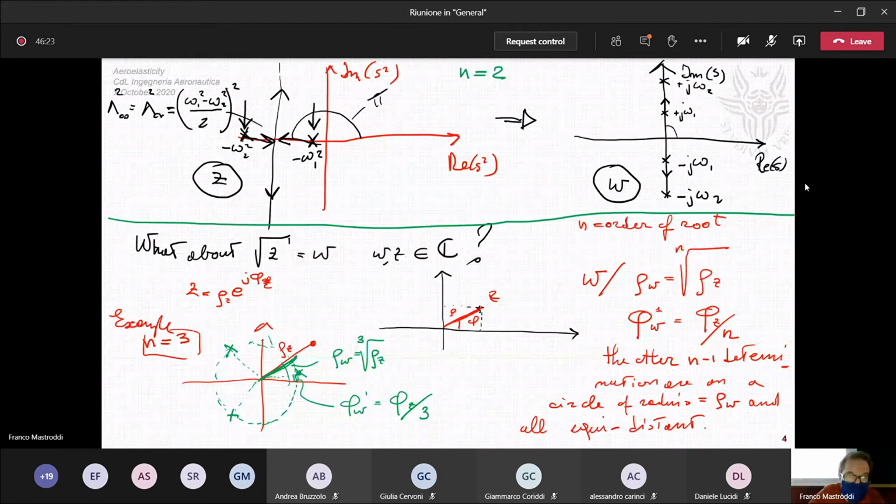But the other root, the omega 2, is giving this with a value less and less in amplitude, and this here is less and less a negative number as imaginary part.